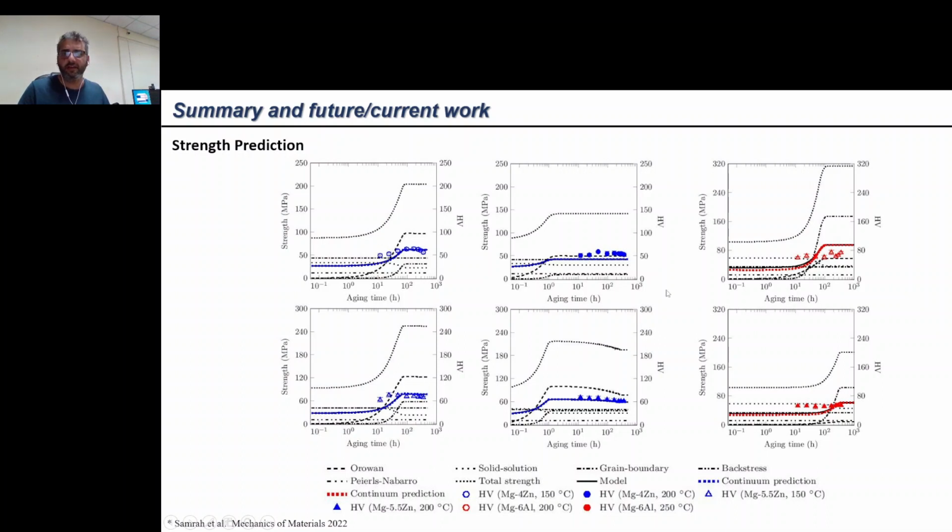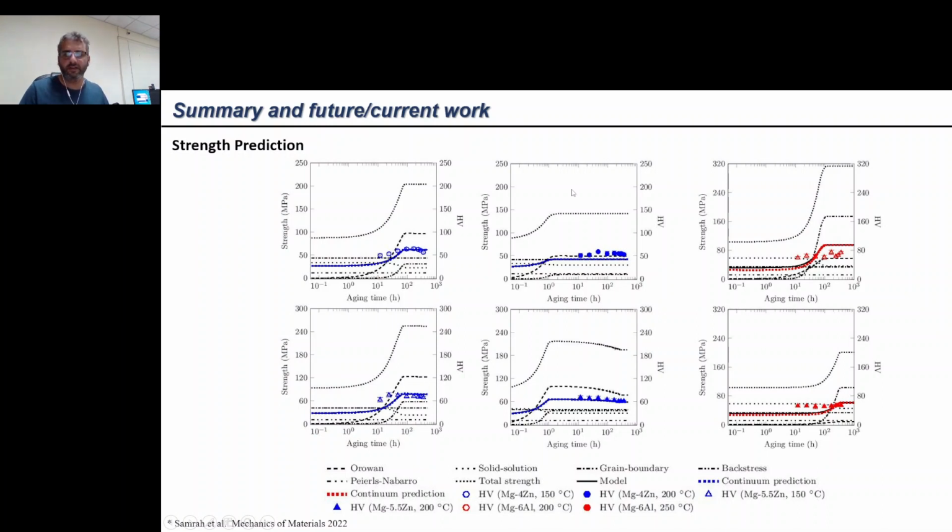What you see here in these graphs is the strength variation for different binary magnesium alloys. We have tested different solutes, for instance, zinc, aluminum, tin, at different concentrations. You see the variation in concentration of zinc, the variation between zinc and aluminum is also there, and there is a variation of aging temperature as well.